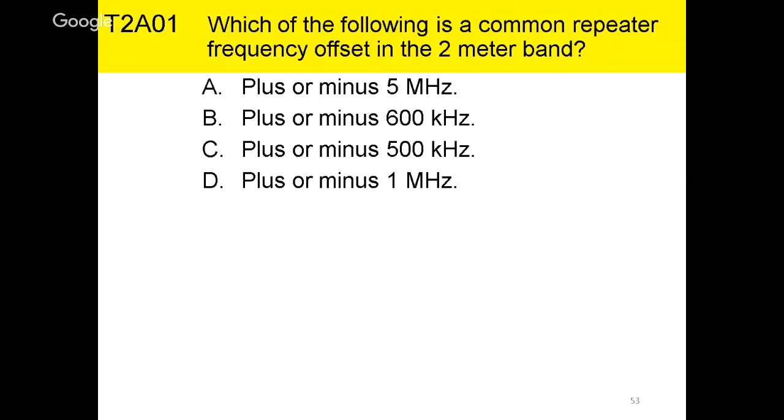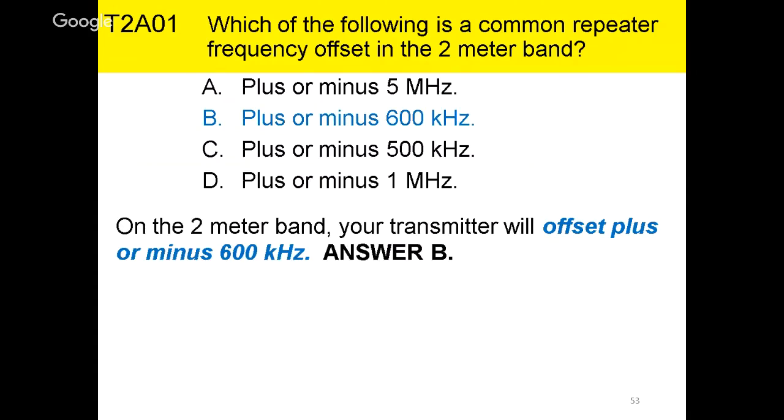The common repeater frequency offset in the 2-meter band is plus or minus 600 kilohertz. In the 146 portion, it's a minus offset for the input. In the 147 megahertz portion of the 2-meter band, it's a 600 plus offset to the higher end. Also remember that in UHF, for the 70 centimeter band, it's plus or minus 5 megahertz.